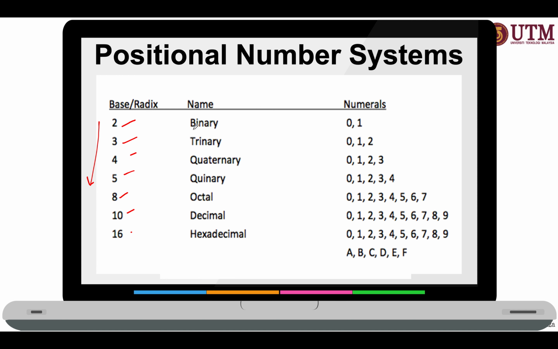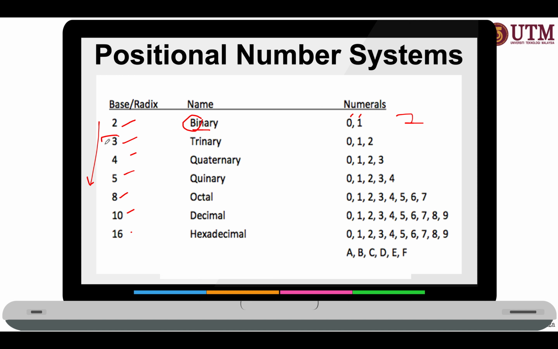Binary: in science, bi is 2, so it is binary, and the numerals are 0 and 1 only. Because it is base 2, it only has 2 digits. The first digit is 0 and the second one is 1. Later on you will understand the flow.